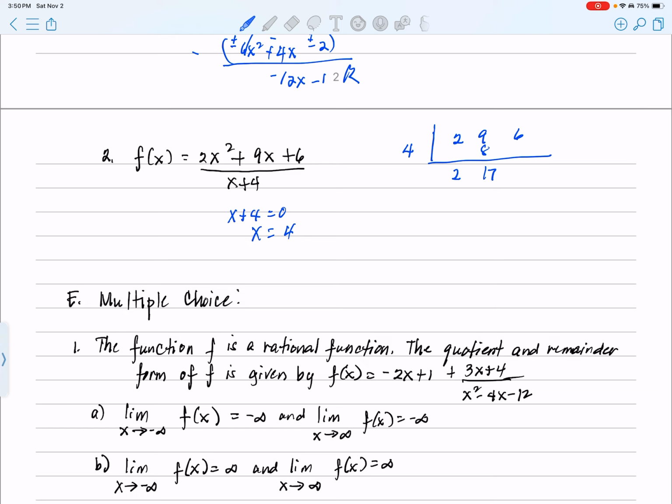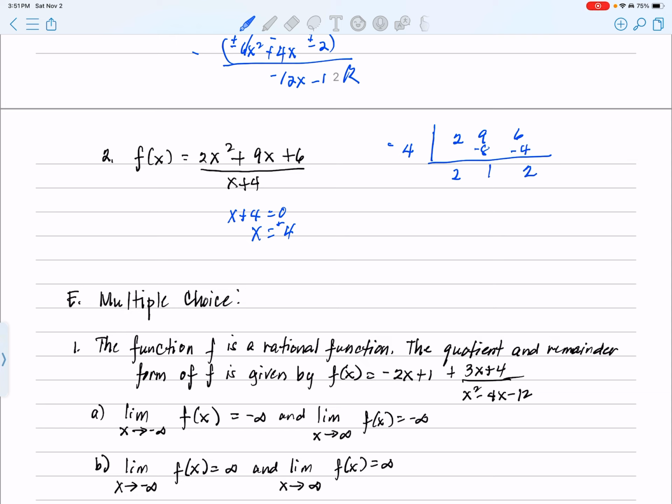Wait, this is negative 4, sorry. So I'm looking at negative 8, so this will be 1. And then 1 times negative 4, that would be negative 4, and 6 plus negative 4 is 2.